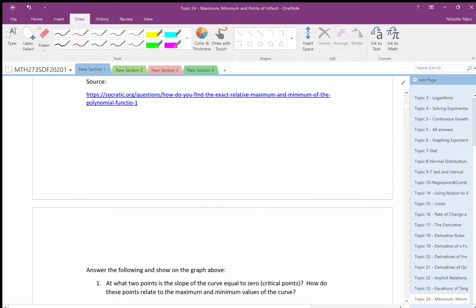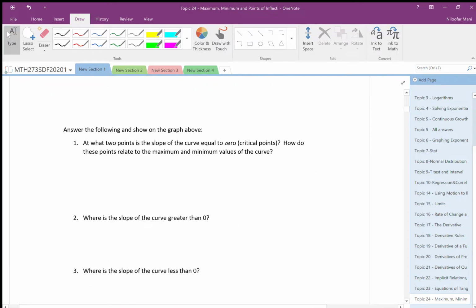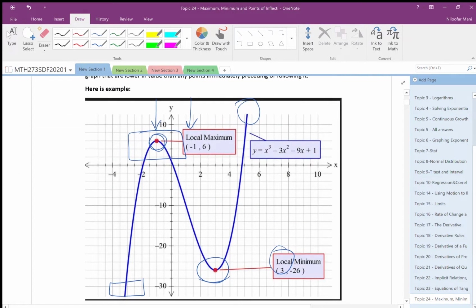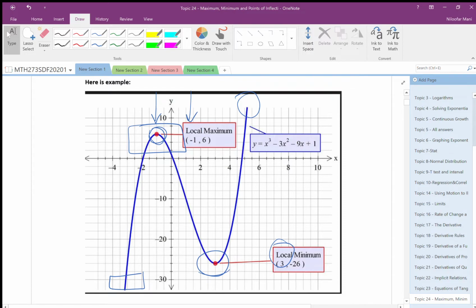And then I can ask you, at these 2 points, what is the slope of the tangent line? Okay, let me change the color.